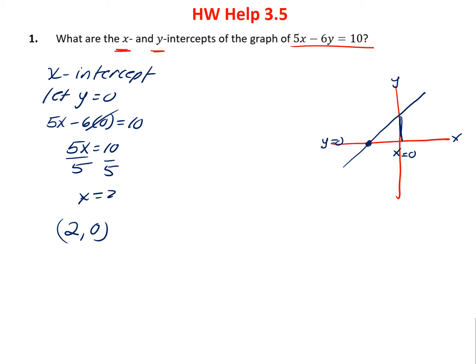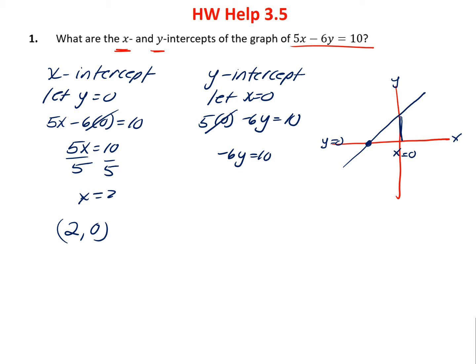Likewise, if I want to find the y-intercept, we just reverse the process. In this case, all along the y-axis, x equals 0. So let x equal 0, and we have 5 times 0 minus 6y equals 10. That's 0. So we end up with minus 6y equals 10.